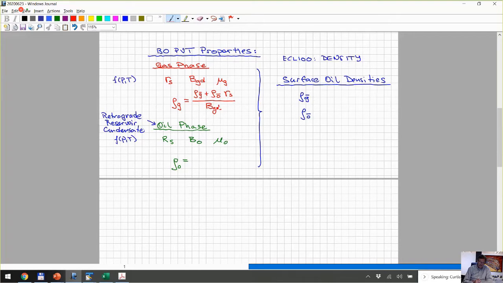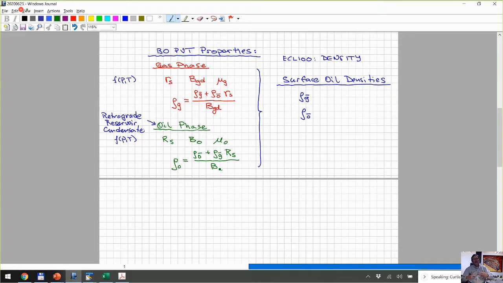That's the equation to get the reservoir density, or the density at P and T. And then for the oil phase, the equation is the surface oil density plus the surface gas density times the solution gas oil ratio, all divided by Bo.